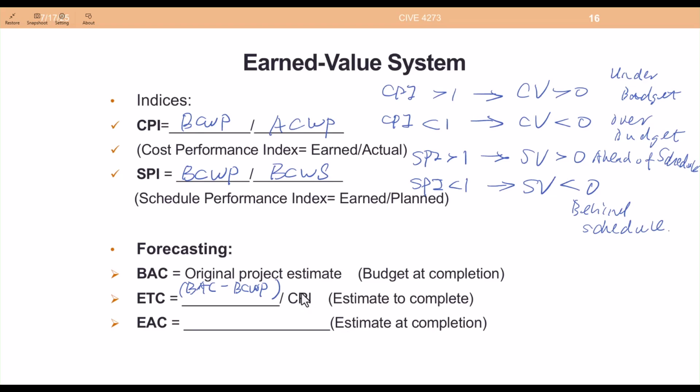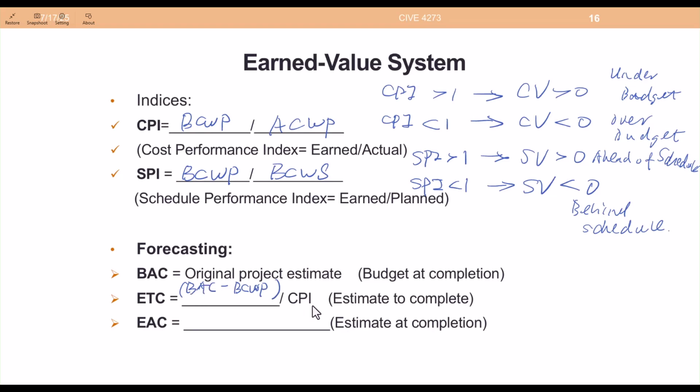And we've got a cost performance index, and we just normalize this by the cost performance index. That can really help us to project the estimate to complete the remaining portion of your work. So now let's explore the relationship a little bit. This is your original estimate for the remaining portion of the work.